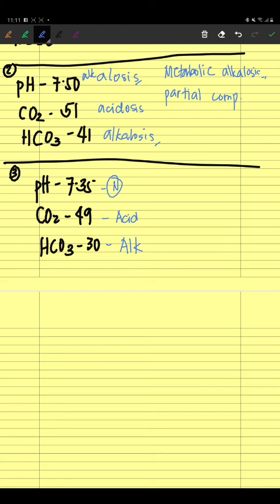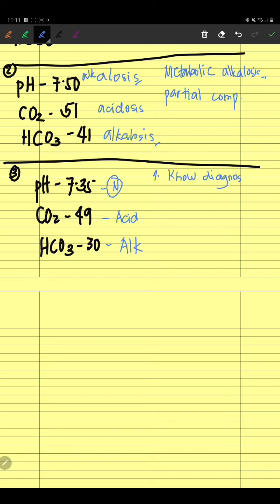So, kung most likely fully compensated ang problema natin here, there are two ways on how we can determine that. Yung pinaka-determinative na way of knowing kung anong type of problem ba yung nasa pasyente natin is to know the diagnosis of the patient.